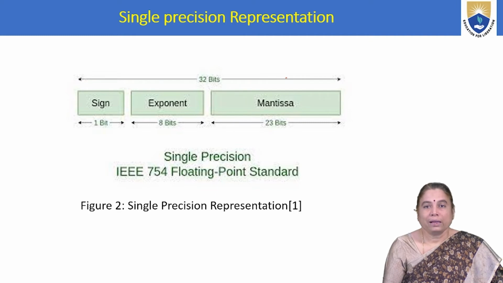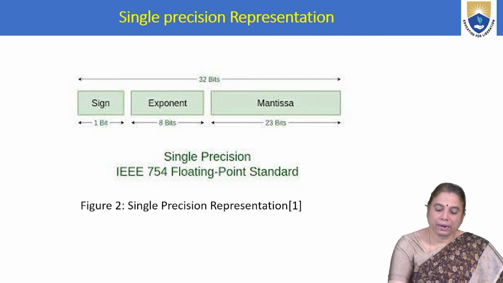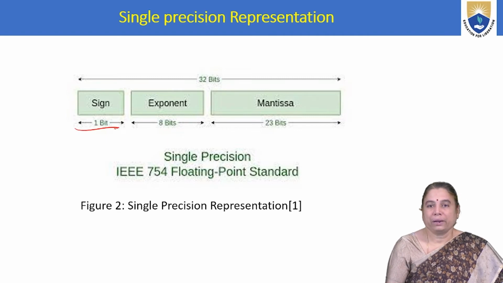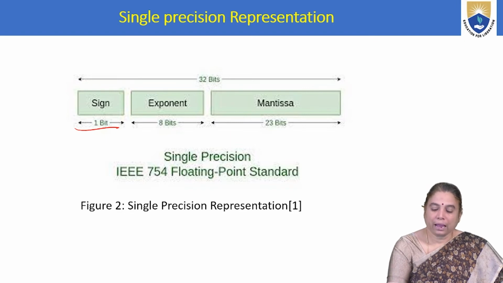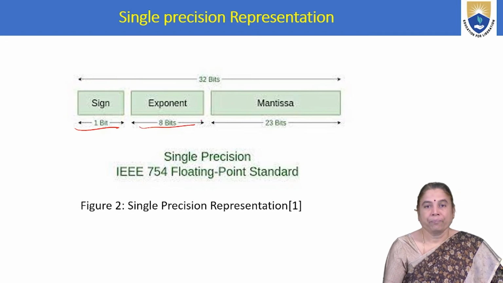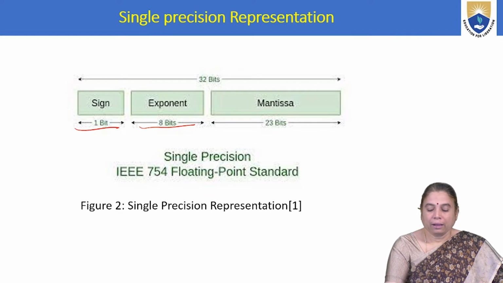So here, while representing floating point numbers, three parts must be represented: the sign, exponent and mantissa. The sign can be represented by using a 1-bit value, and the exponent can be represented with the help of 8 bits. The remaining in the total 32 bits is 23 bits.